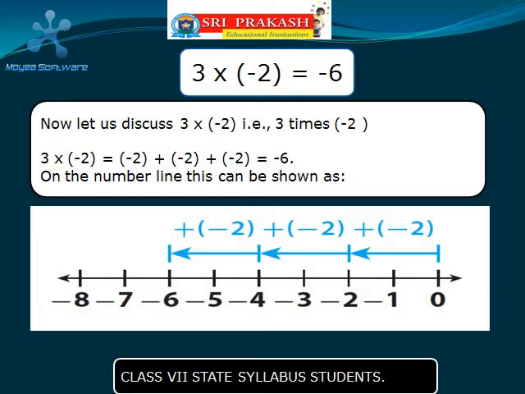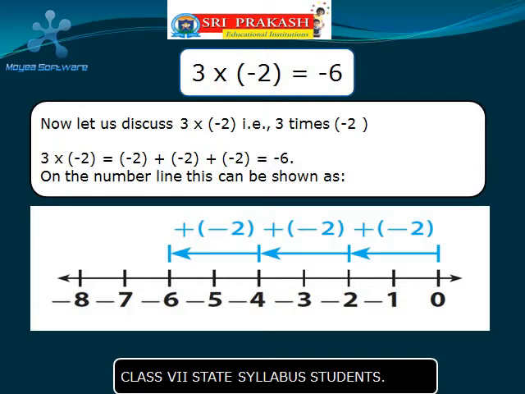Now let us try to find the value of 3 into minus 2. The meaning of 3 into minus 2 is to take minus 2 3 times and to add.